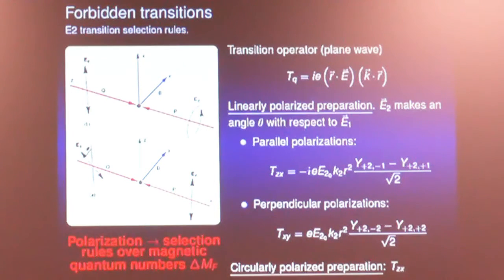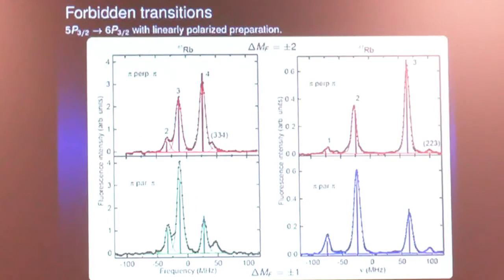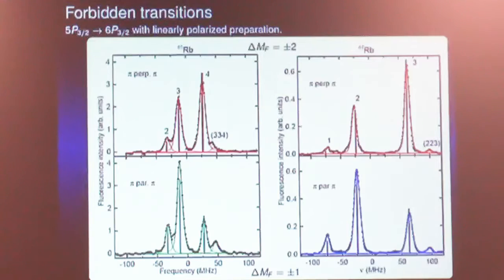If we change to a circularly polarized preparation laser, essentially we end up with these delta M equals ±1 transition selection rules. Okay, so these are examples of the spectra.